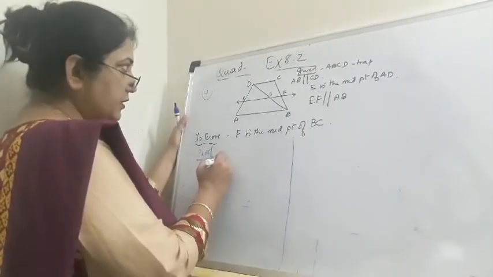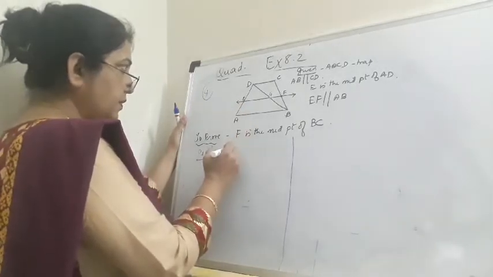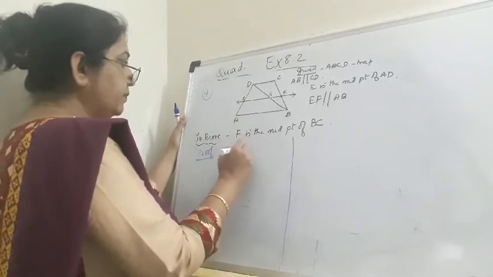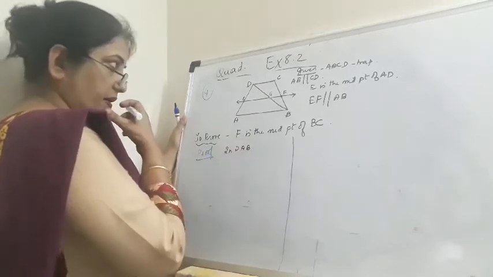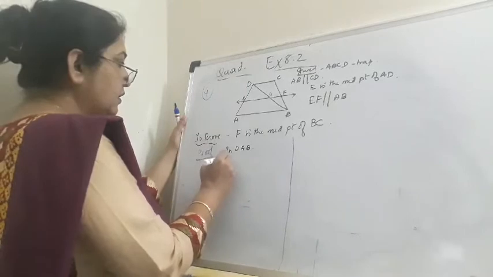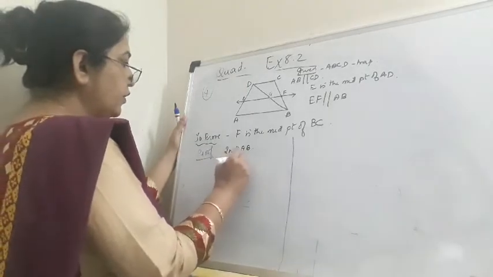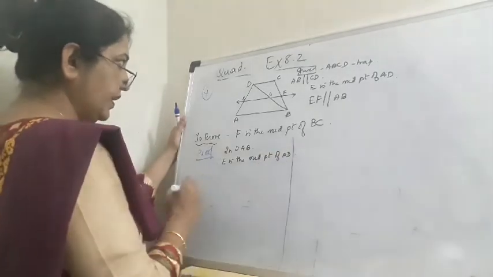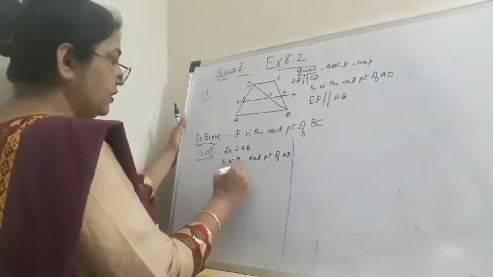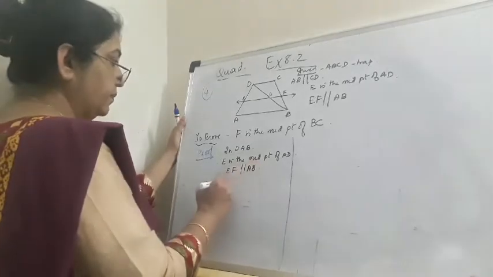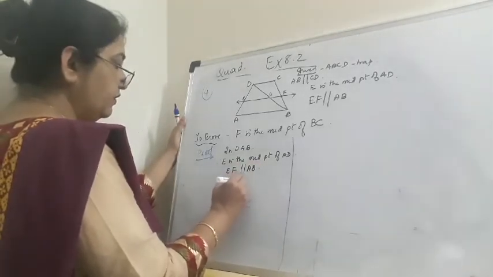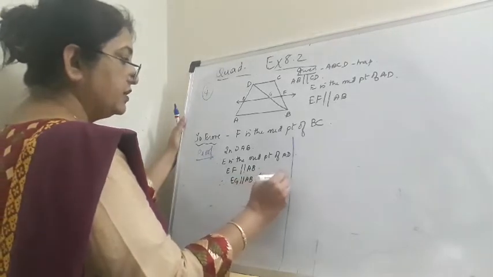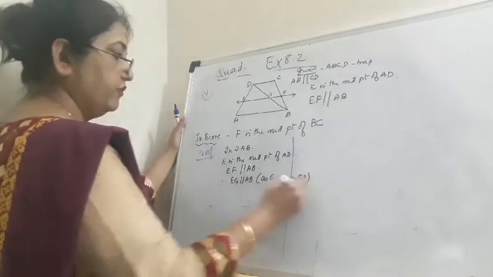Starting with, we write in triangle DAB, E is the midpoint of AD, and EF is parallel to AB, therefore EG will be parallel to AB as G lies on EF.